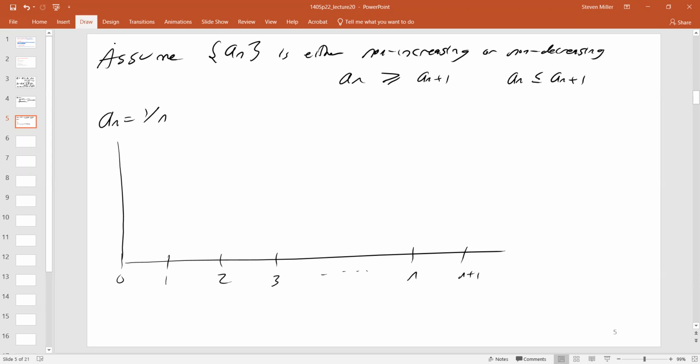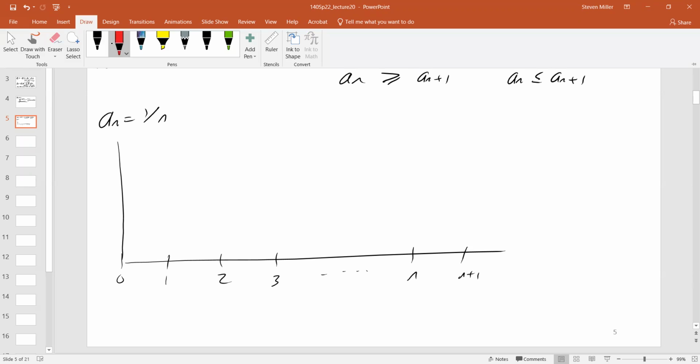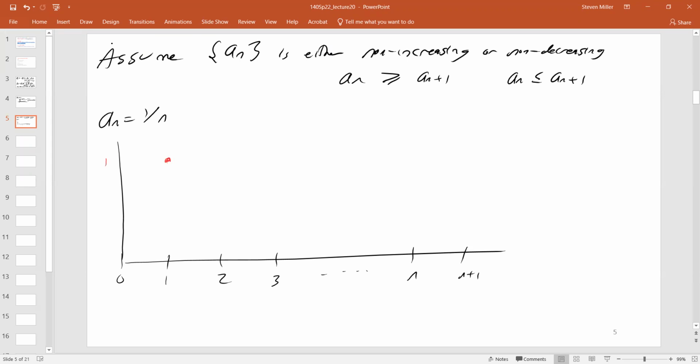Now, at 1, it's going to be 1. At 2, it's going to be 1/2. At 3, it's going to be 1/3. All the way down to n, it's going to be 1 over n.